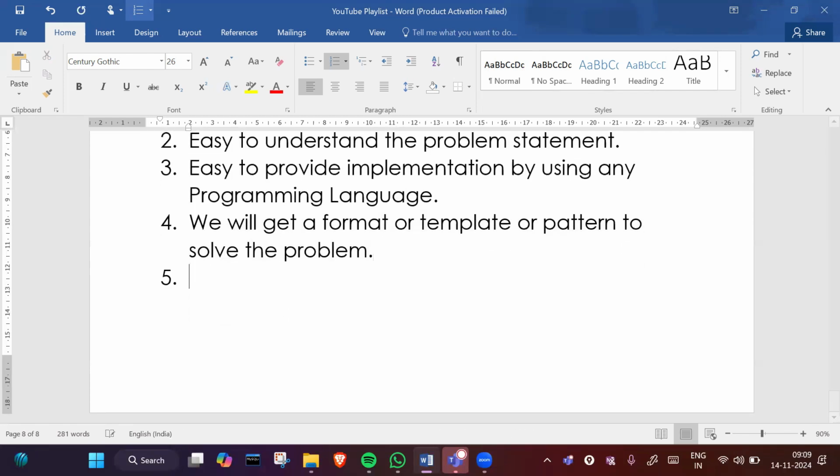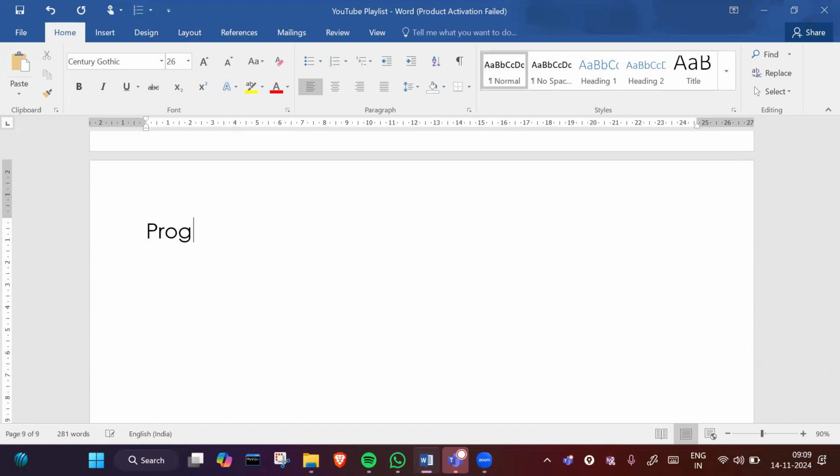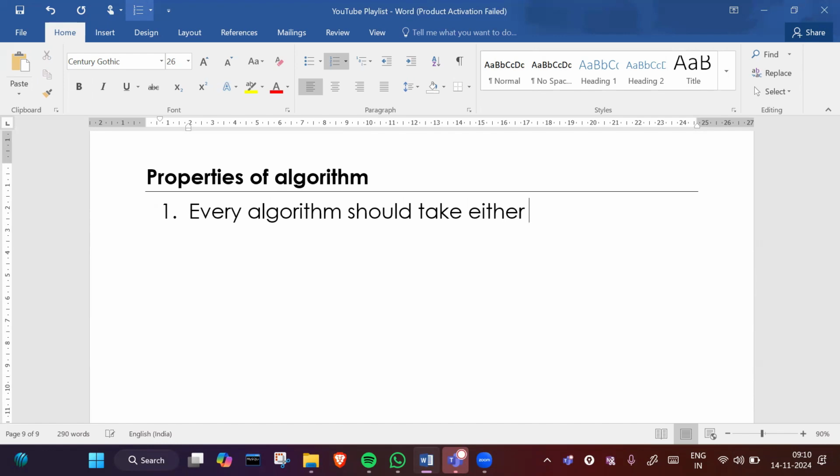Now let's see what are the properties of an algorithm. The first property is every algorithm should take either zero or more input.